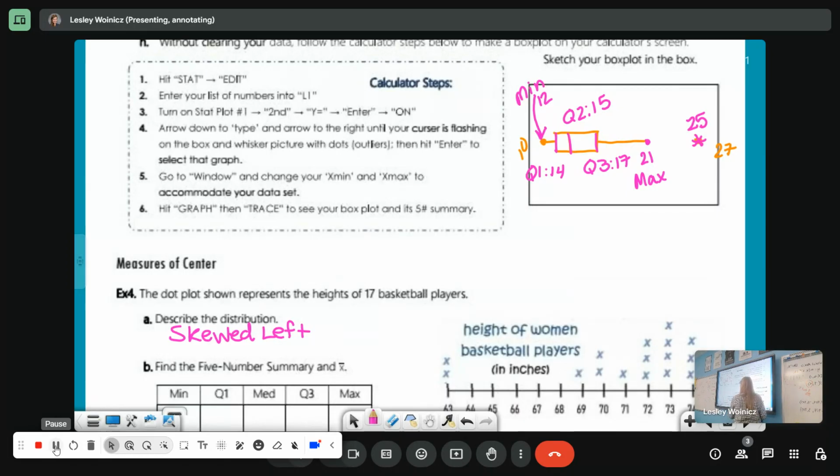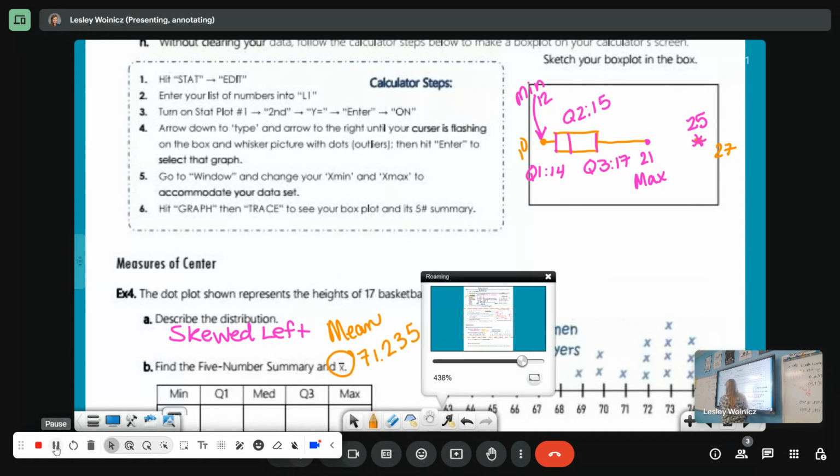Okay, so my mean is my little x with a bar over it. It is 71.235.